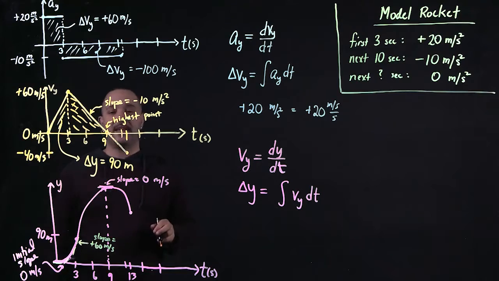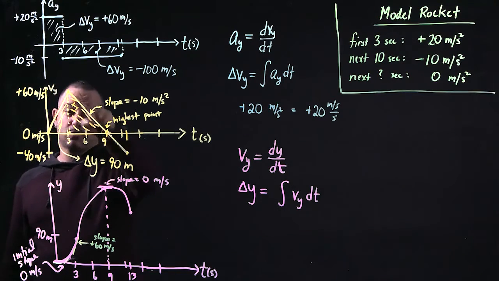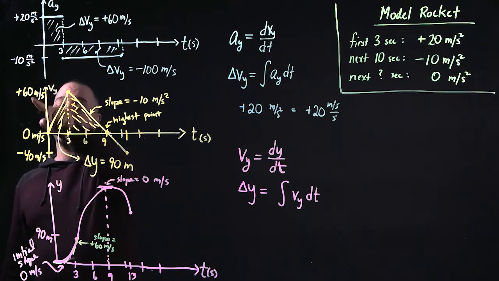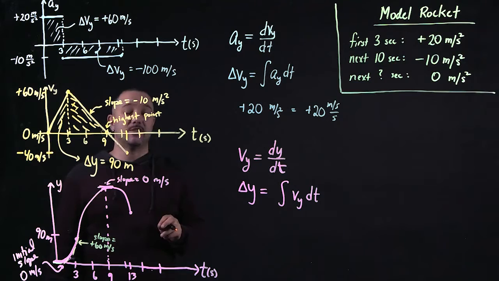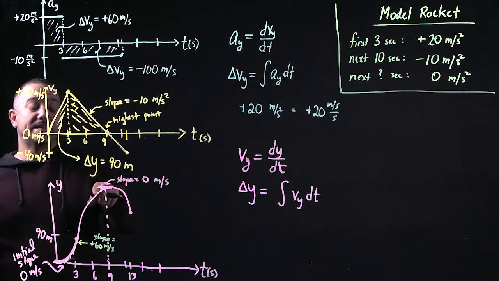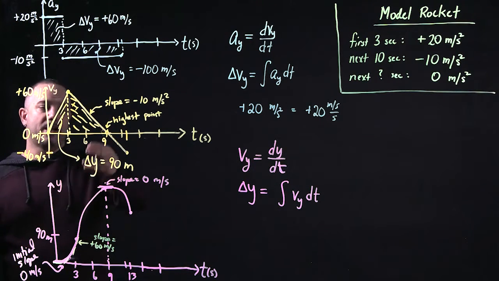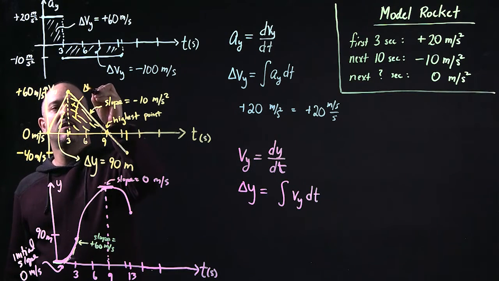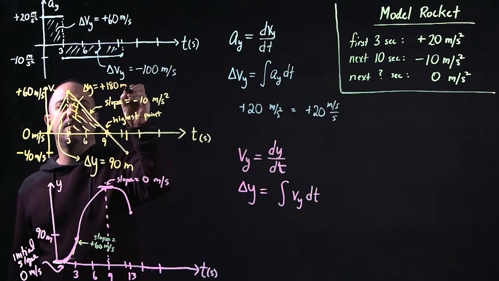That area right there is a triangle. It has a base of 6 seconds, so a base of 6 seconds times 60 meters per second is 360. And when you do a triangle, you do half of that. So this area right here is plus 180 meters.